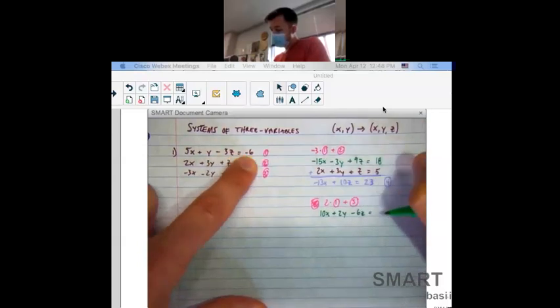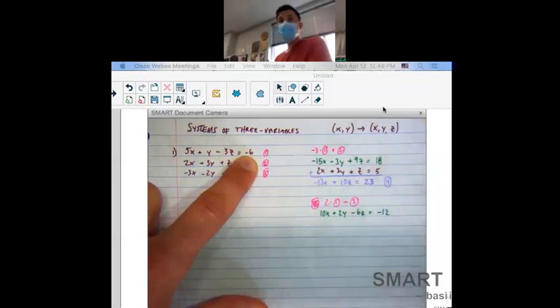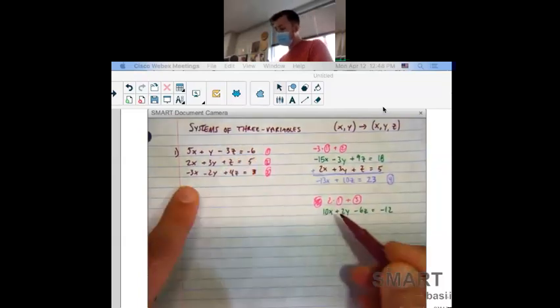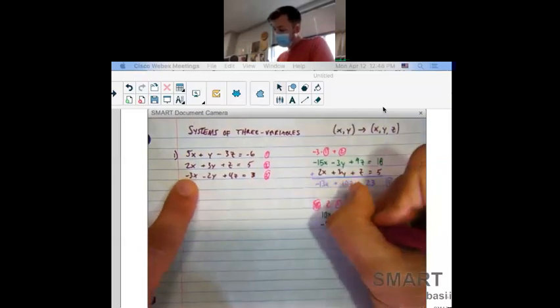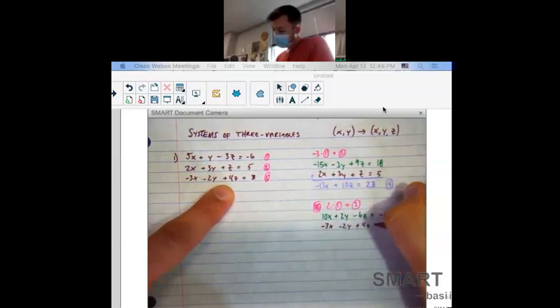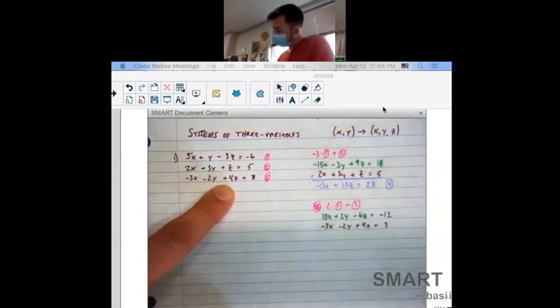Make sure you distribute all the way across to the equal sign too. So 2 times that. I'm bringing equation 3 down as it is: -3x minus 2y plus 4z equals 3.